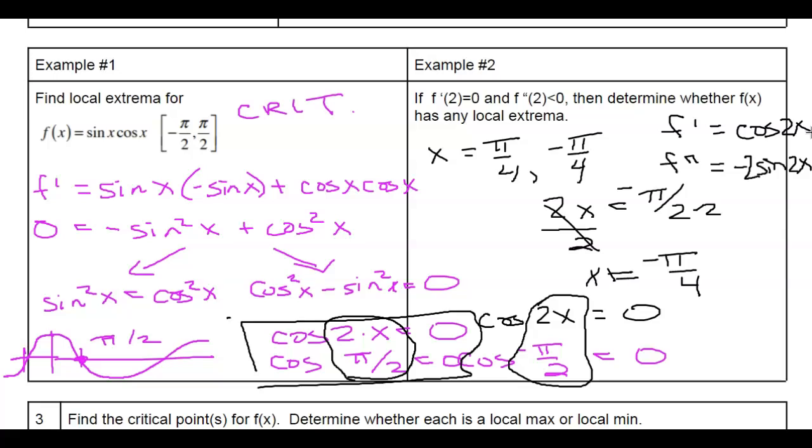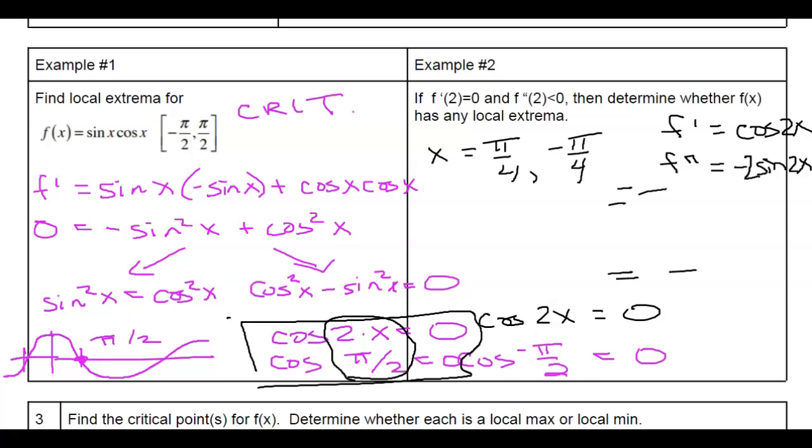Now what we want to do is we want to take these values and plug them into the second derivative just to see their concavity. So let's get some space open. I know I'm erasing half my work, but I need some space.